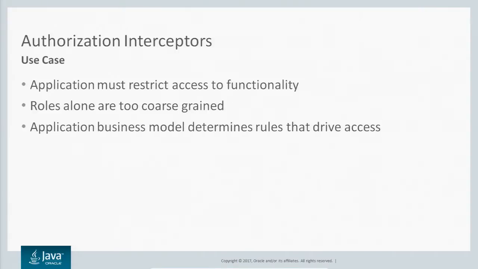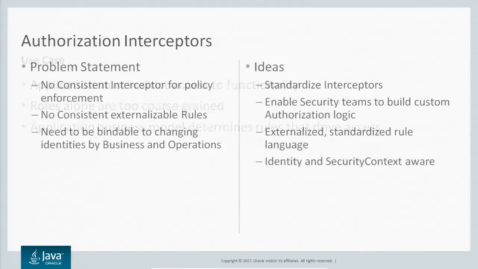Authorization interceptors, the use case there is that the application must restrict access to functionality, and roles by themselves are too coarse-grained, and the use case requires application business model that determines rules to drive access. There's no consistent interceptor for policy enforcement. There's no consistent externalizable rules, and it needs to be bindable to changing identities by business and operation.